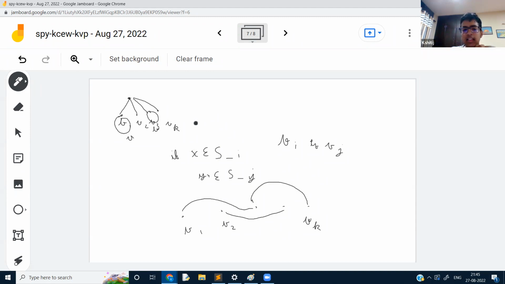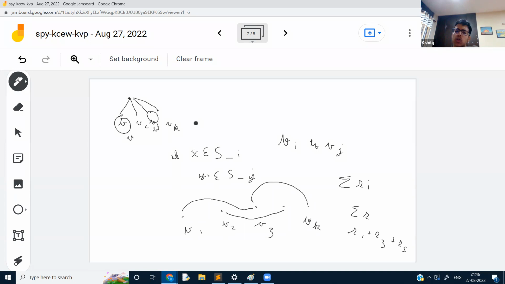We find the sizes of them. Now the size is not the number of these nodes, but the summation of the subtree sizes. So basically, if V1, V3, and V5 are connected, we find S1 plus S3 plus S5, and so on for all the components.